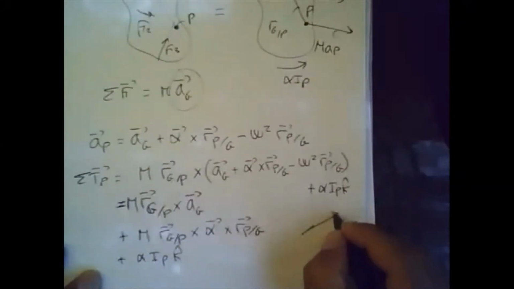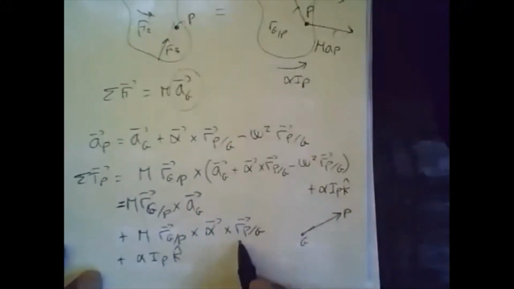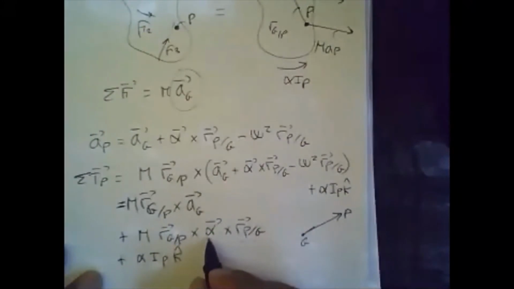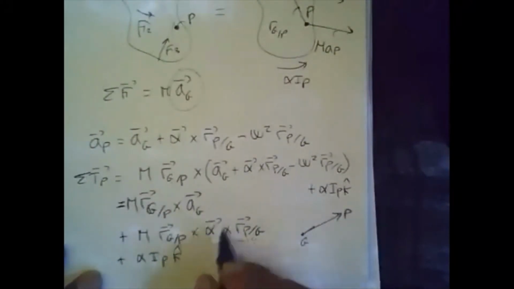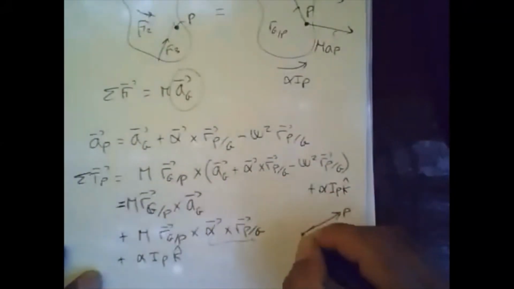So let's say this is P and then this is G. Then this guy is RP as viewed from G, right? I know alpha will always be perpendicular to it. So like I said, if you have a cross product of multiple elements, you want to start from the last two. So alpha cross RPG is going to be this vector, right?